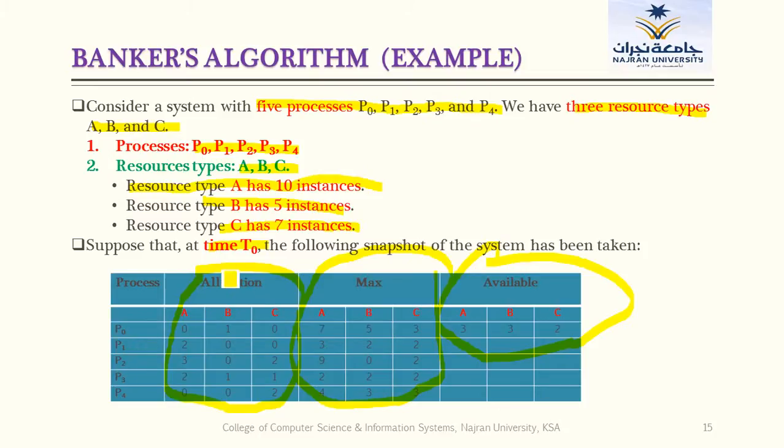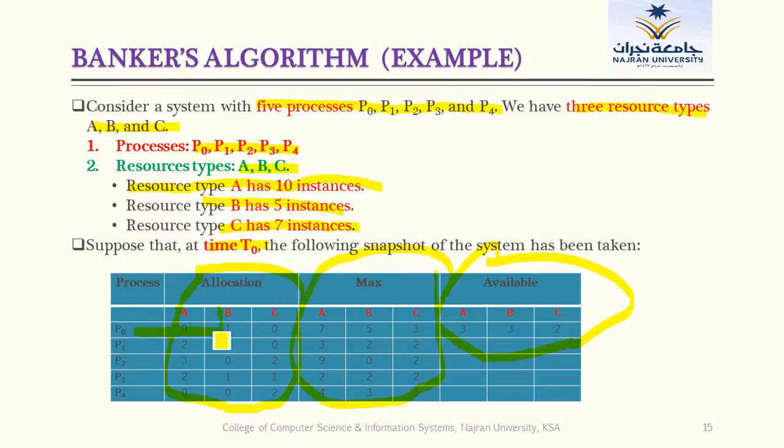So allocation means that currently the process has how many instances of the resource. Let's suppose P0, if you see this one, P0 has 0 instances of A, P0 has 1 instance of B, total B we have 5.